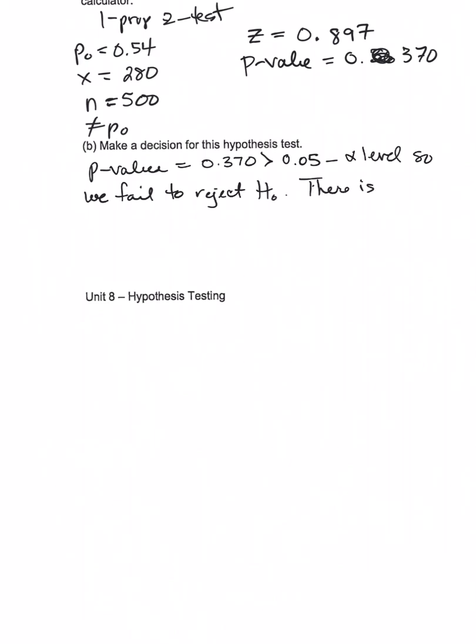Because remember, you have to talk about H naught, and then you have to talk about HA, don't you? So if we fail to reject H naught, then what does that say about HA? There is not evidence to support HA, which is what? p not equal to p naught.